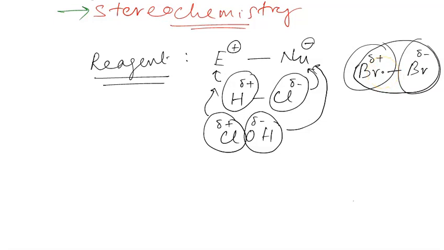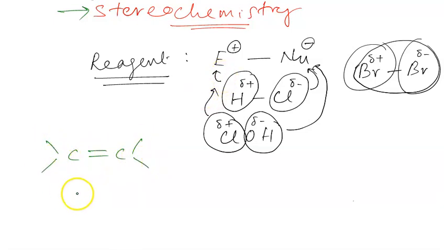Therefore, whatever the reagent which is going to add to a multiple bond, it mainly has two parts: the electrophilic part and the nucleophilic part. Now, let this be our multiple bond.